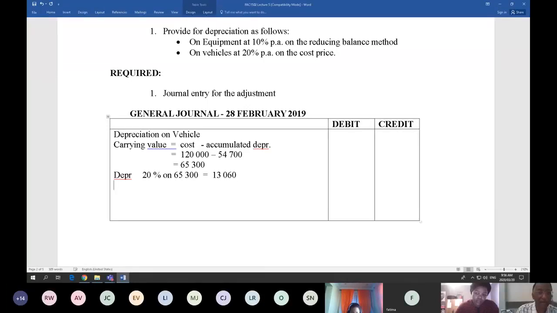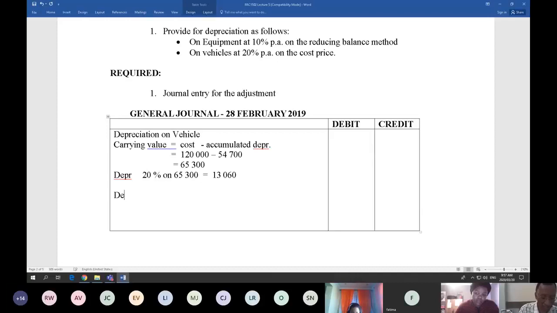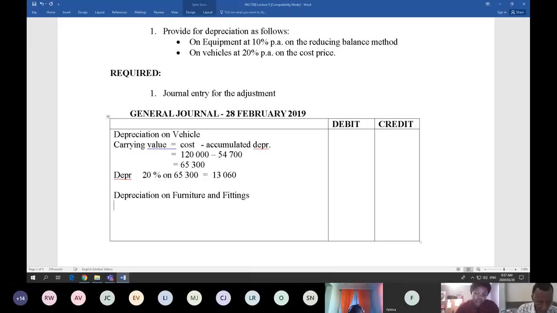We take a look at how to calculate the depreciation now on furniture and fittings. The depreciation on furniture and fittings, as in the question, is 10% per annum on the cost price. So you go to the cost price of furniture and fittings, and your cost price is 65,000 Rand.